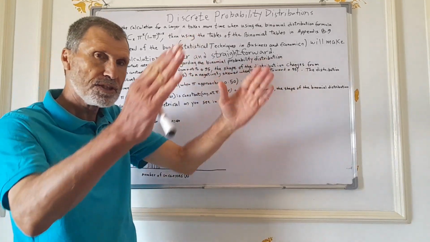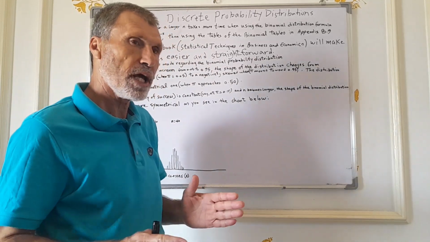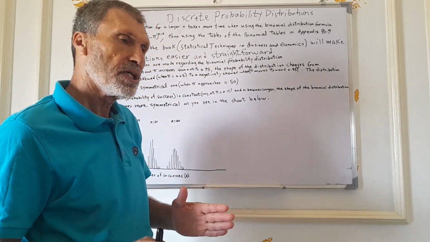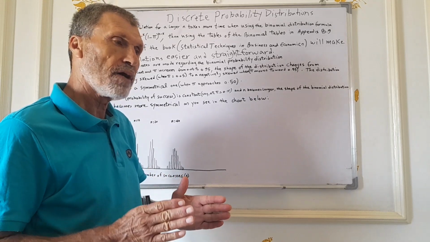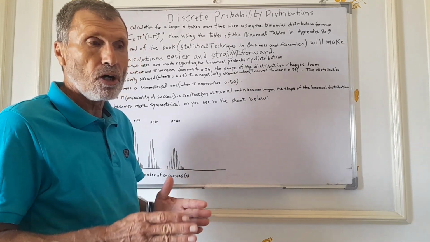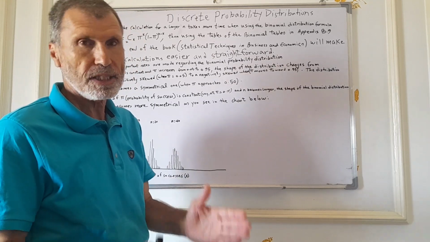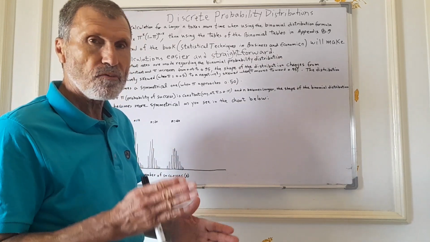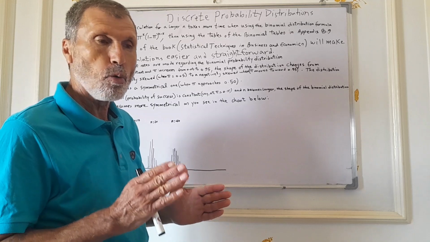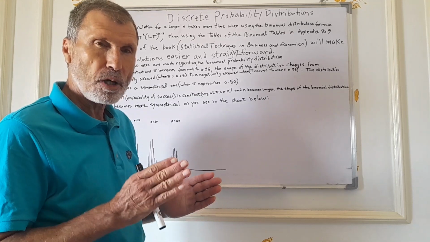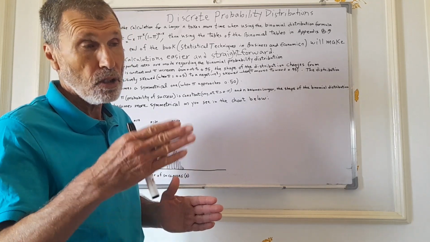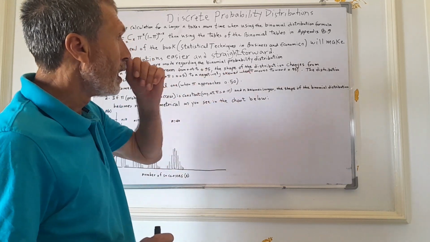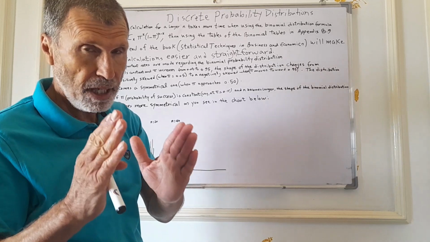The shape of the distribution changes. We know that we have different shapes: a positively skewed distribution, a negatively skewed distribution, and also a normal or symmetric distribution. So the shape of the distribution changes as the probability of success increases from 0.05 to 0.95 and n remains fixed.